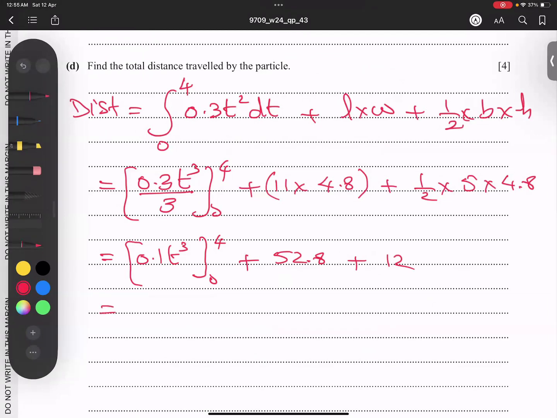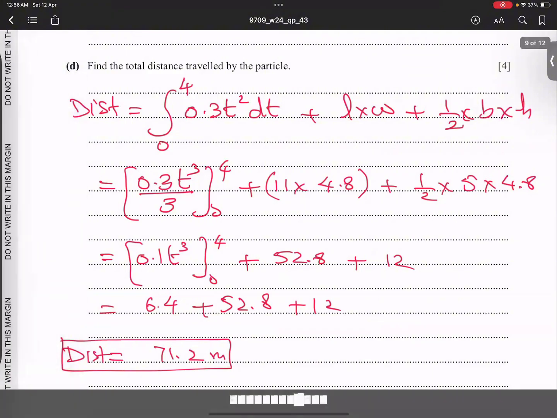Here, upper limit minus lower limit, I get 0.1 times 4 to the power 3, which is 6.4, plus 52.8 plus 12. If I add 52.8 and 12, I get the answer 71.2 meters. So the total distance travelled is 71.2 meters.